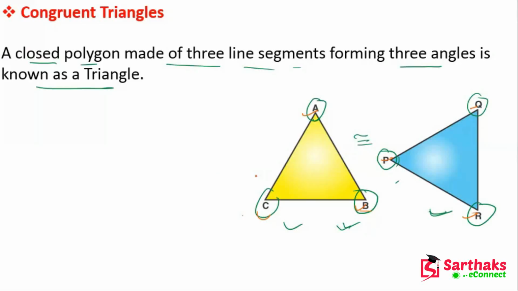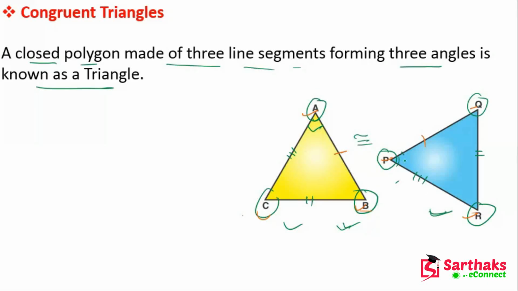And their corresponding sides: AB is equal to PQ, this side. And BC is equal to QR. And AC is equal to PR. So corresponding sides are equal and also corresponding angles are what?